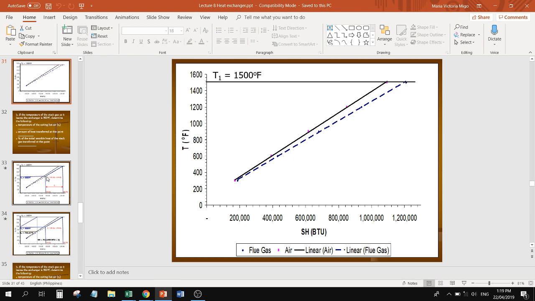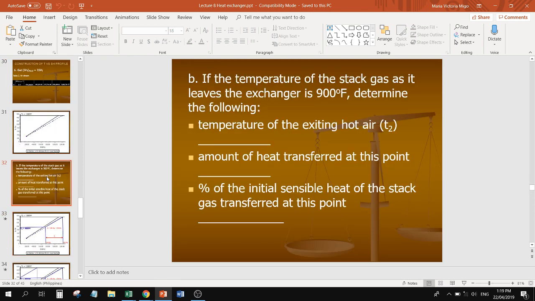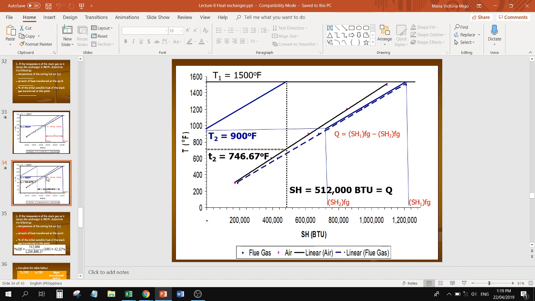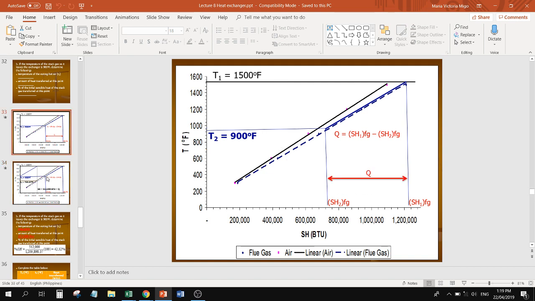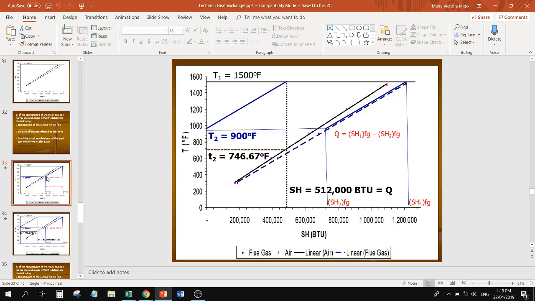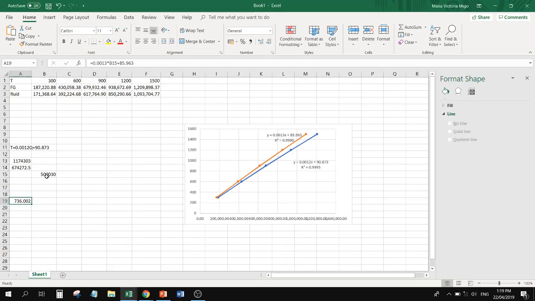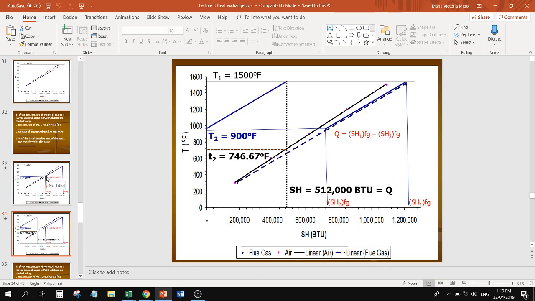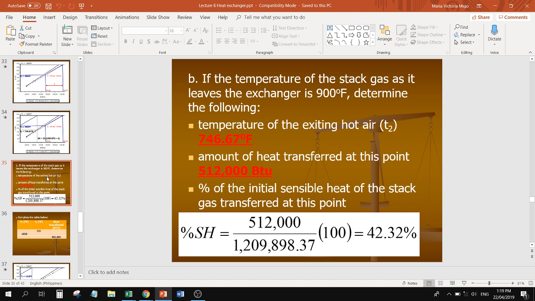Let me check the equations. Okay, anyway, you get the idea. But maybe this one was solved graphically, not using the equation of the lines.